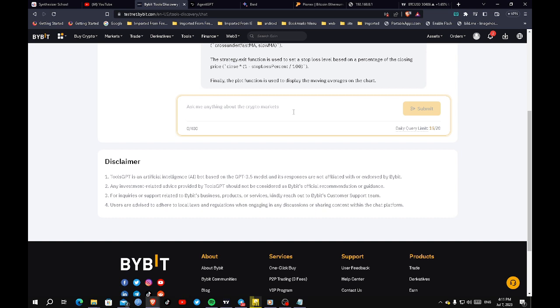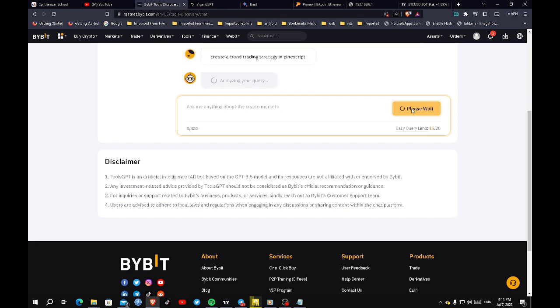Okay, so you create a trend trading strategy in Pine script. Alright, then submit.